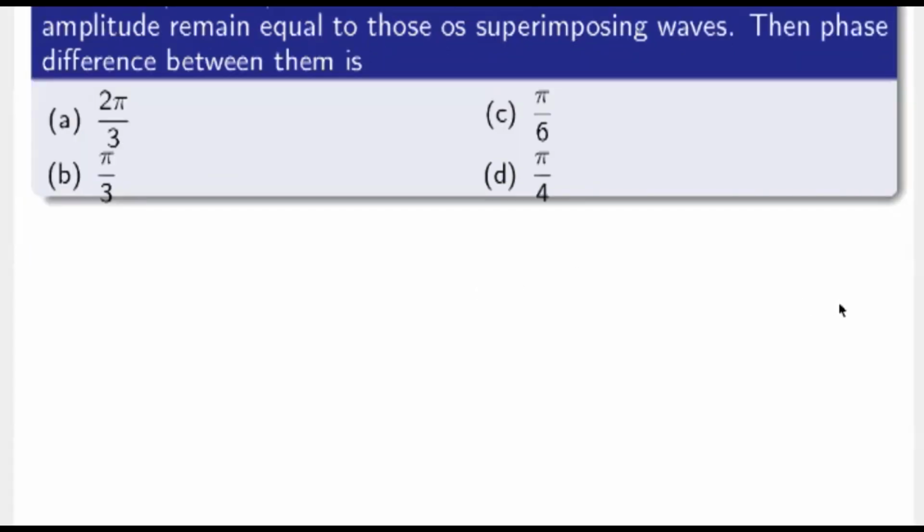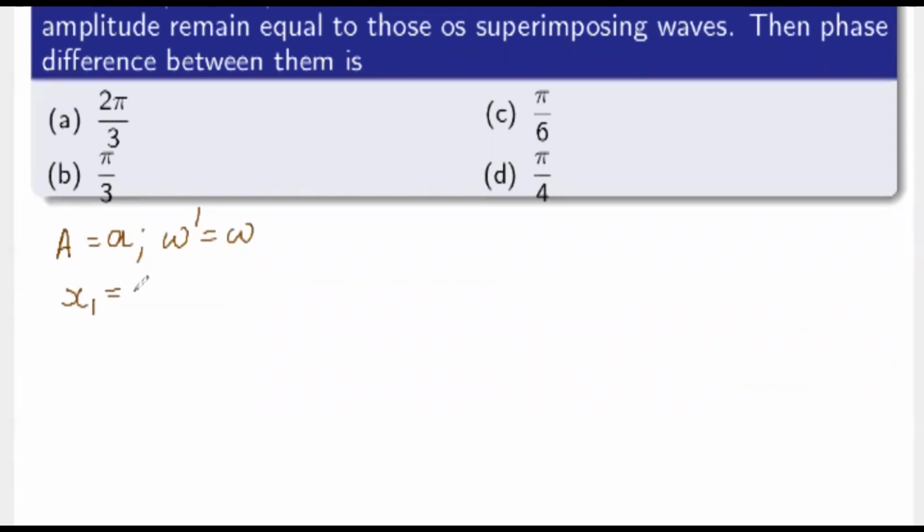So what is given? The resultant wave also has amplitude equal to these two superposing waves. Therefore, resultant amplitude A equals a, and frequency is also equal to the initial frequency of the individual waves. Then what is the phase difference between them?